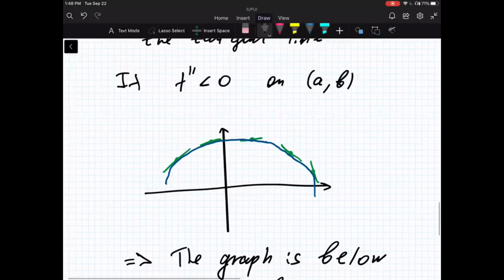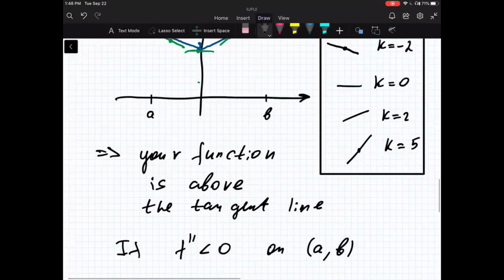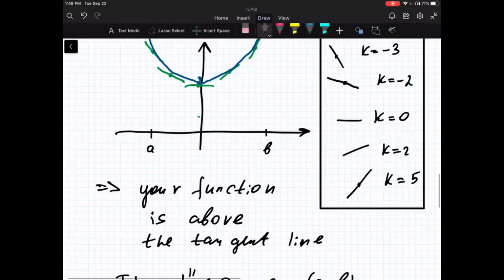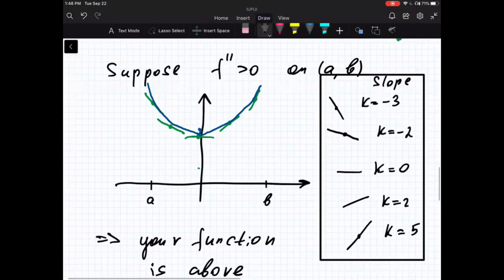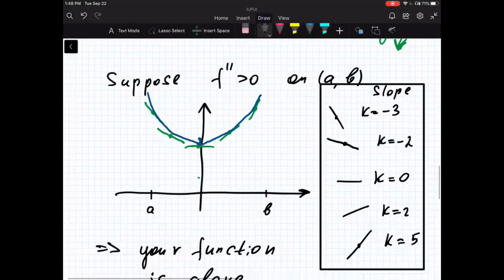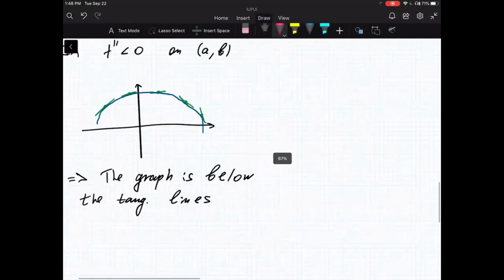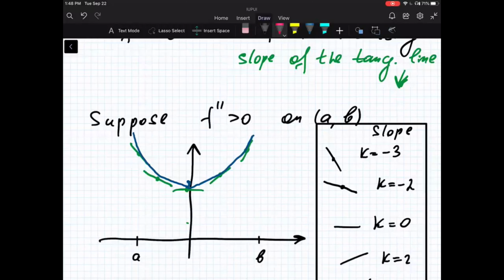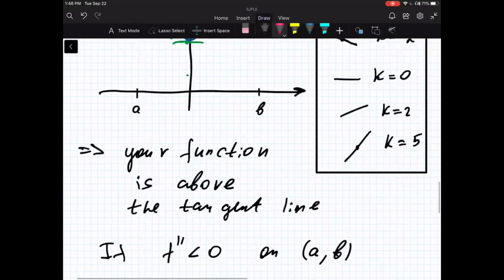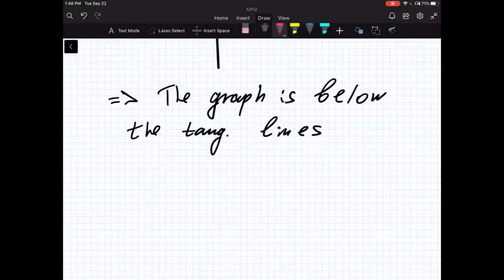I think they kind of say that if you try to plot the graph with positive second derivative, then you'll get that the function is above the tangent line. But why? And in some sense, I try to make an explanation for that. What I wanted to say is that the first case, when your second derivative is positive, let's make it a definition.